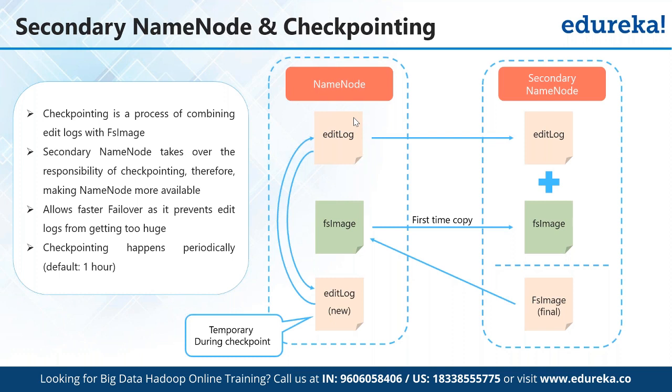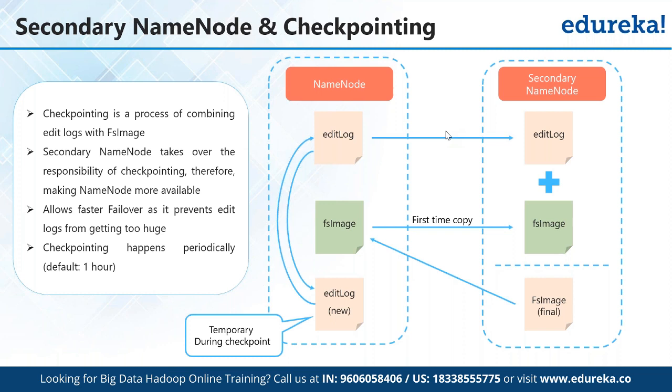Every hour by default it takes fs image and edit log from name node. Name node does its own job, because it has a lot of other work like keeping tabs on the cluster data nodes, but merging them together, the secondary name node does periodically, every hour by default, and puts the latest fs image back, like you see in the arrow.